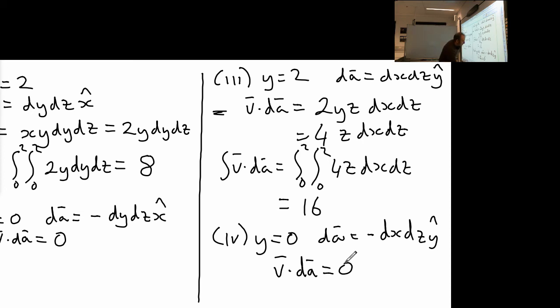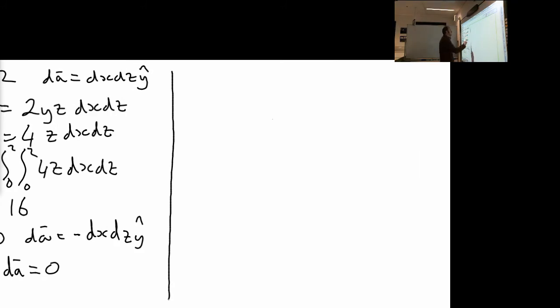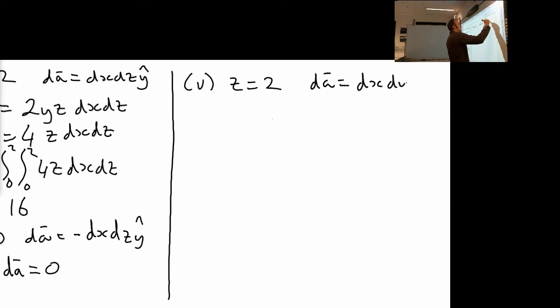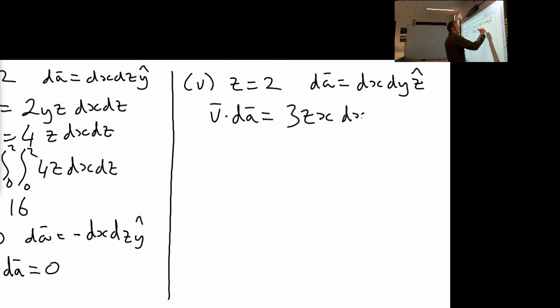So we've got two more sides to consider, the top and the bottom. Our fifth side has z equal to 2. dA is now going to be equal to dx dy z hat, and v dot dA is going to be equal to 3zx dx dy, which of course is equal to 6x dx dy.